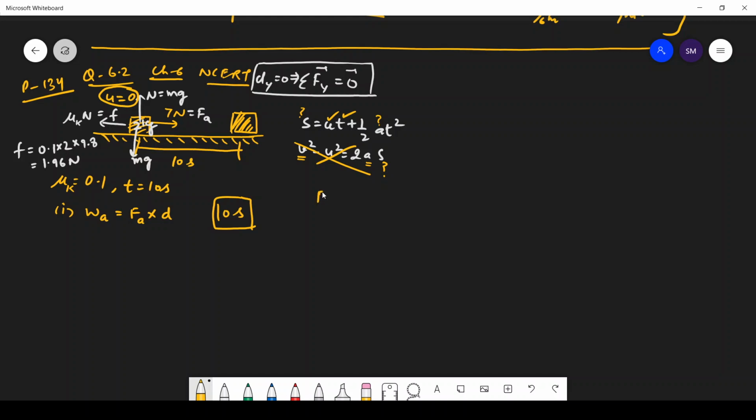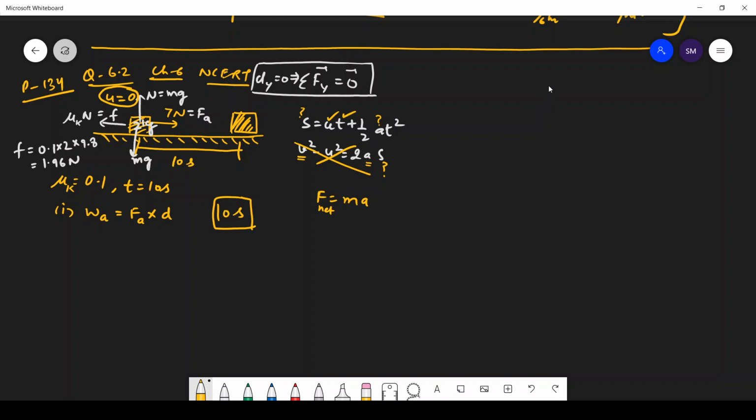Now I need a. So from which formula I will get a? I know the formula, F is equal to ma, but this F is always net force. So what is the net force here? This 7 Newton in this direction. Students, this is a very important question. I'm deliberately taking this question, very important.